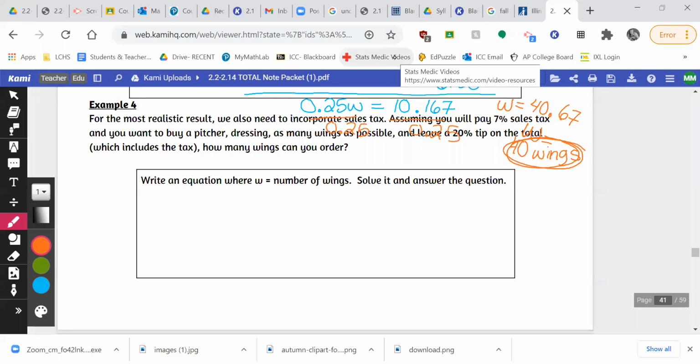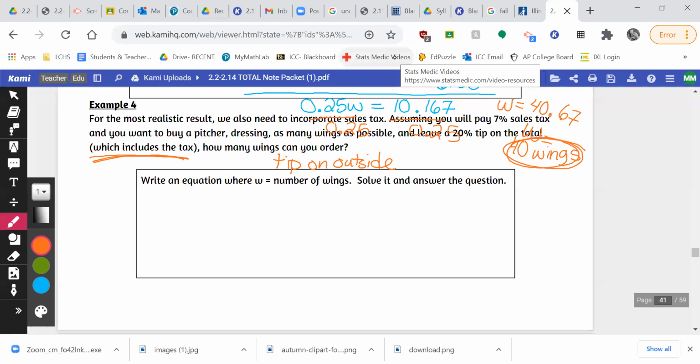So normally, when you calculate your tax and everything else, you're not going to worry about the tip being applied to that. But for the sake of these problems, we can't completely get rid of applying either the tax to the tip or the tip to the tax. So for the sake of consistency, you're always going to have the tip on the outside.